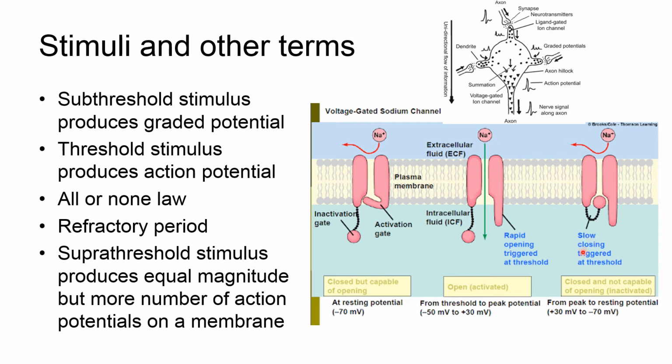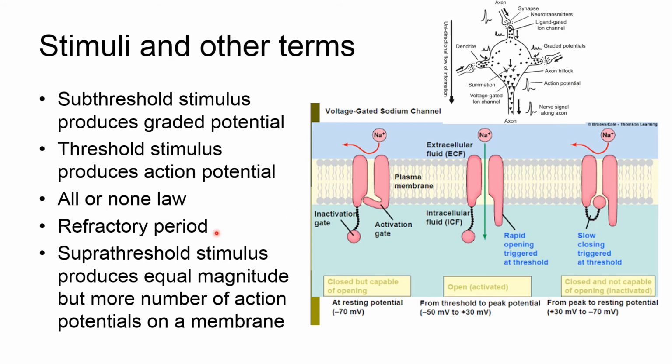sodium into the cell. So if another stimulus comes, then these sodium ions will go into the dendrites, will be summed up, and will reach the axon hillock and the voltage channel. But these voltage channels are already closed due to the presence of sodium ions or positive ions. Now the entry of more sodium ions cannot open these channels, so these channels will remain closed, so there will be no conduction of action potential for a brief time.